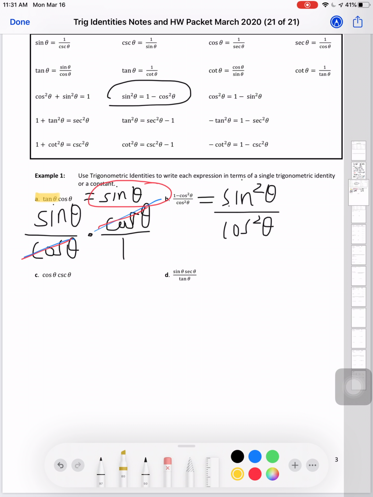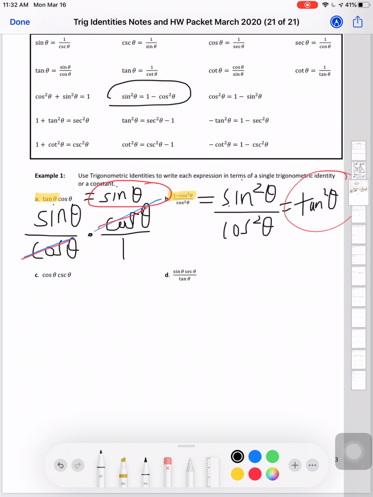So this piece again changes and becomes something else. And then if I have a sine over a cosine, that is tangent right here. And if it is squared, then it becomes tangent squared. So that would be my solution to that equation.